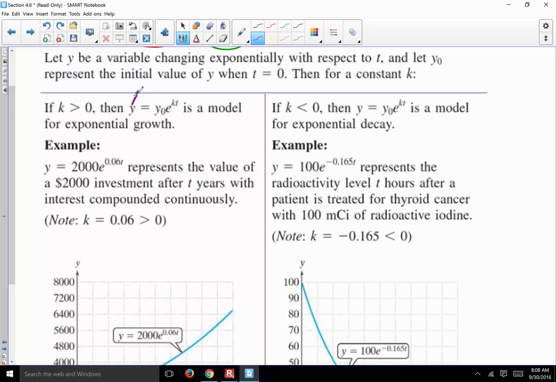The final population or final amount of money or final amount of your material is always the initial amount times e to the rate times time. This is growth if the rate is positive. If you see a positive number in the exponent, your population, your money, your material is growing.